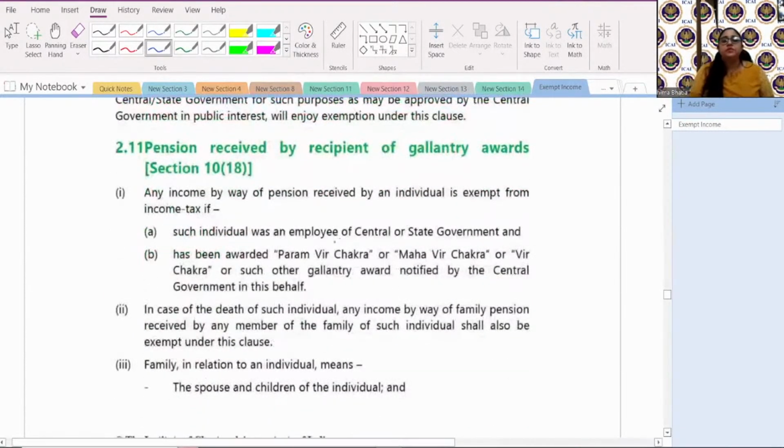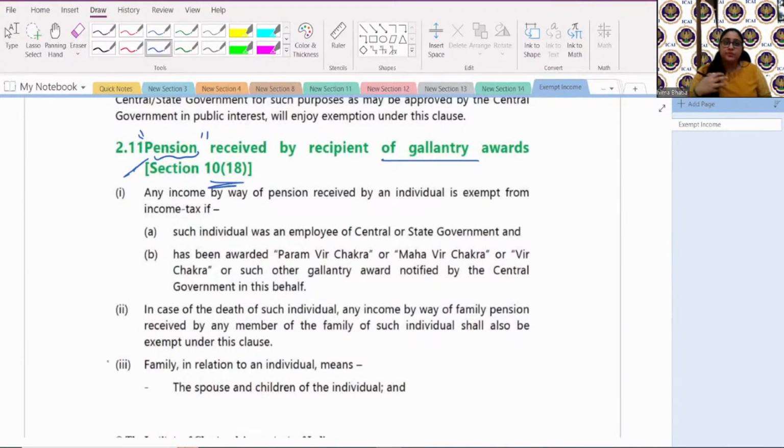Similarly, pensions are received by, if the pensions are received by the recipient of gallantry awards. First of all, this is exempt under section 10 clause 18. Pension, I told you, is a taxable income. It is taxed as salary because it is for the services which are rendered. Okay. But pension, when received by the recipient of gallantry award. What is gallantry award? Gallantry award means like Paramveer Chakra, Mahavir Chakra, Veer Chakra, or any other gallantry award which is notified. अभी तक ये तीन नोट है, परमवीर चक्र, महावीर चक्र, वीर चक्र की awardees को, if any pension is being received, that pension is not taxable.